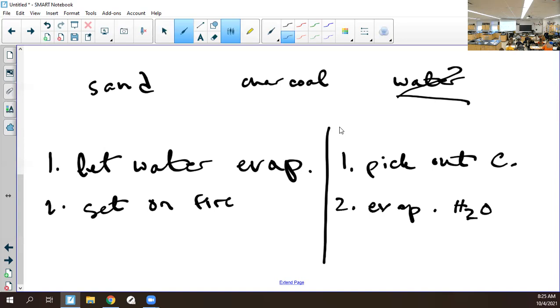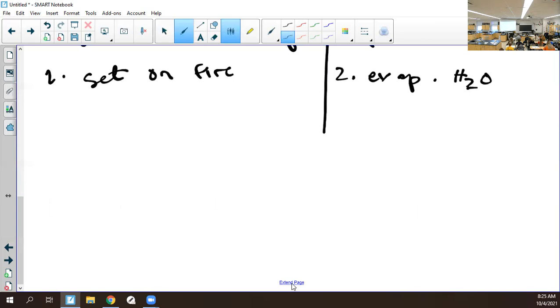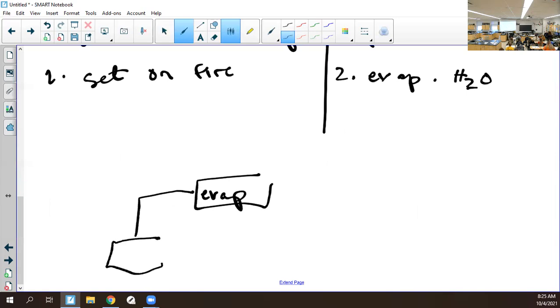So how will we draw that as a flow chart? If you wanted to do it as a flow chart, you could say, does it evaporate? H2O evaporates. Yes. Then what could our second question be if we're doing our first set?